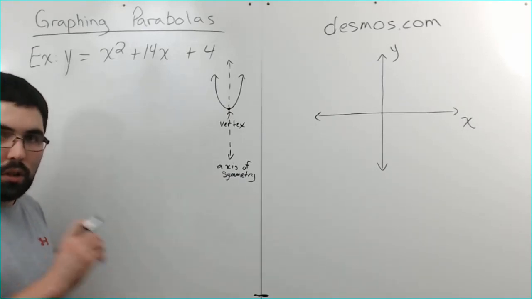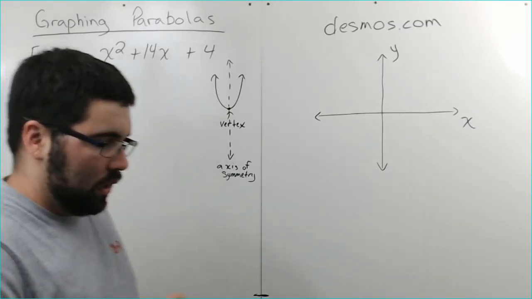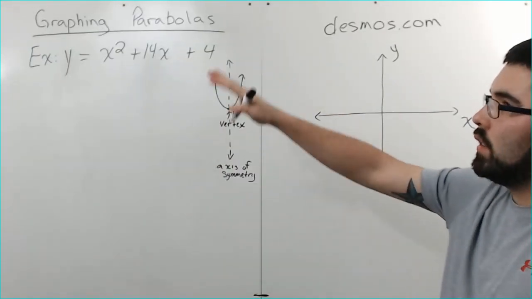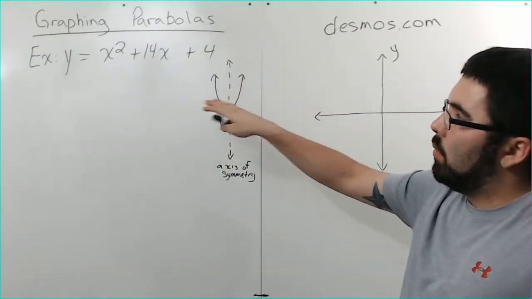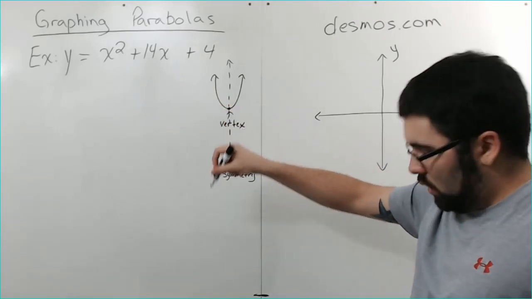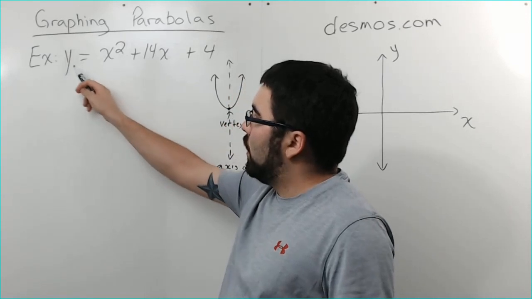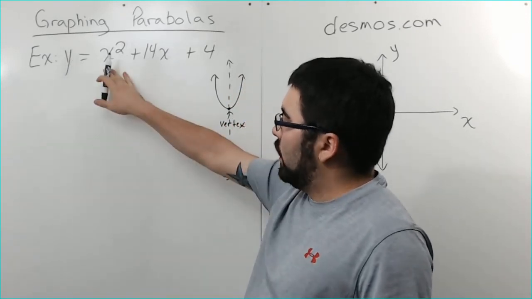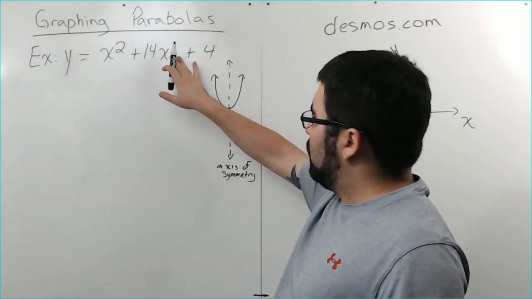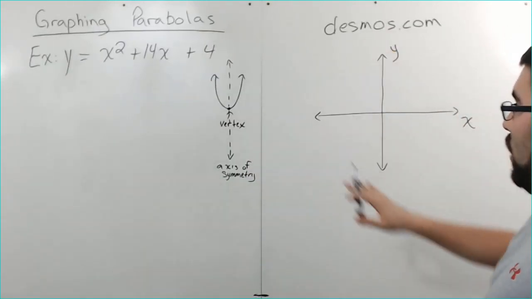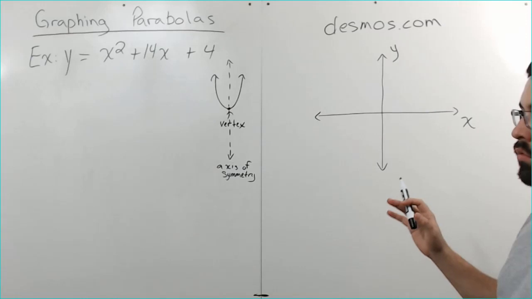So as a quick review, anytime you have an equation, in this case it's a parabola, it's a quadratic equation, if you see y's and x's like we have here, y equals x squared plus 14x plus 4, if you see x's and y's, that means you can graph it on an xy plot.